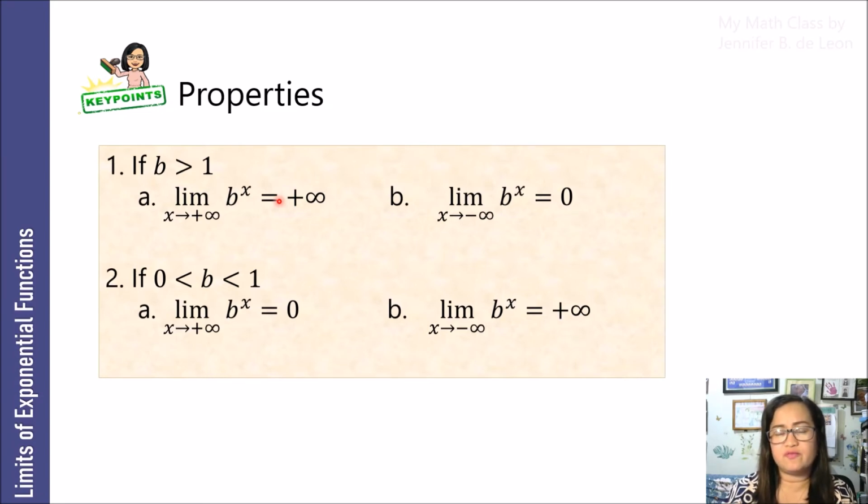Now, if b is between 0 and 1, then the limit of b raised to x as x approaches positive infinity is 0, whereas the limit of b raised to x as x approaches negative infinity is positive infinity.